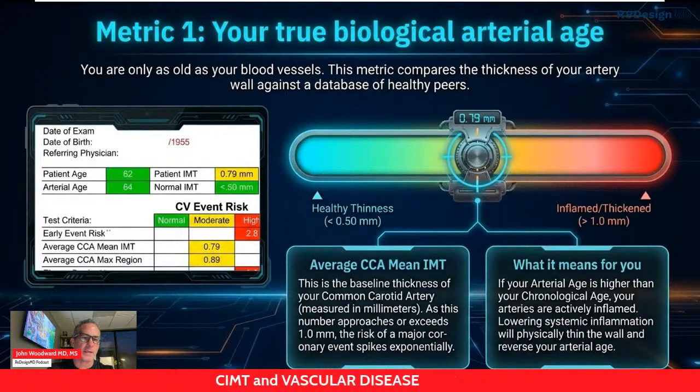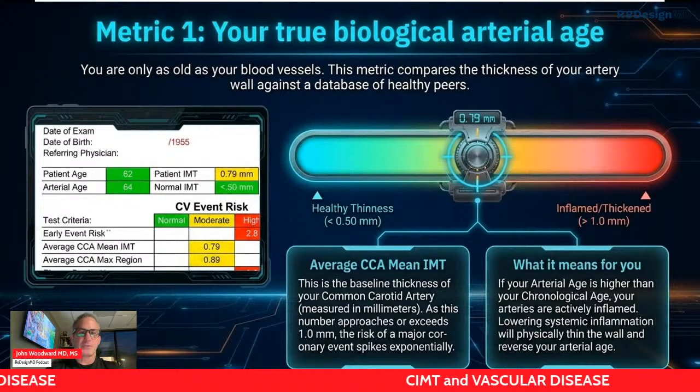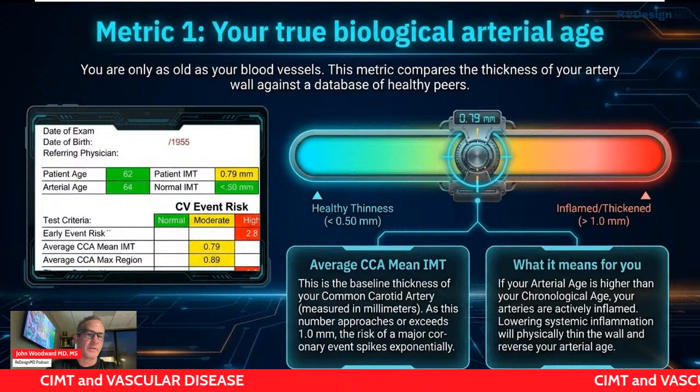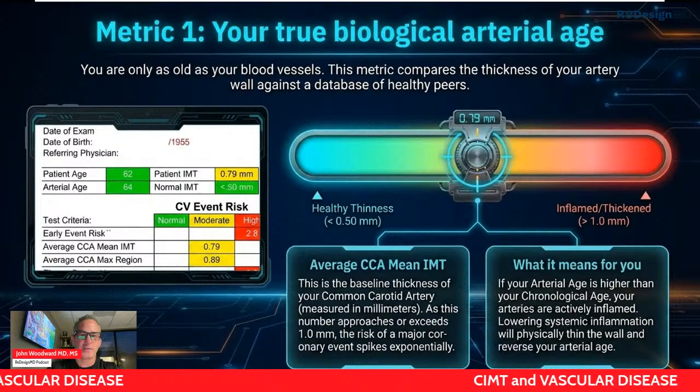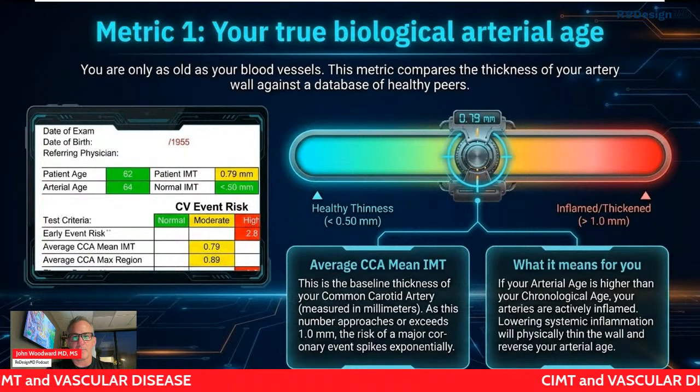That correlates with someone who's 64 years of age. If you look down at the bottom of your test, you'll see that plotted out there. The higher the thickness, the more inflamed the artery is. So if your arterial age is higher than your chronological age, your arteries are actively inflamed. So what strategies do we need to employ to lower your inflammation?